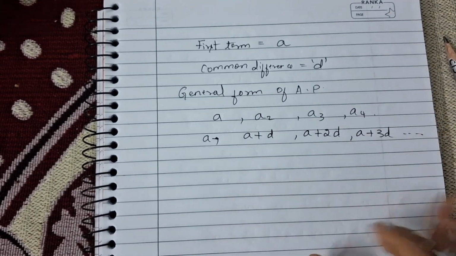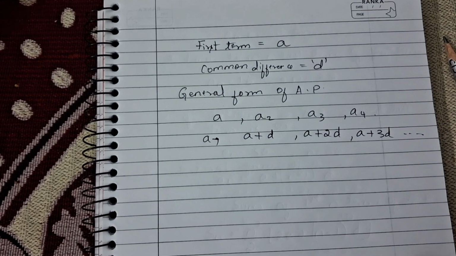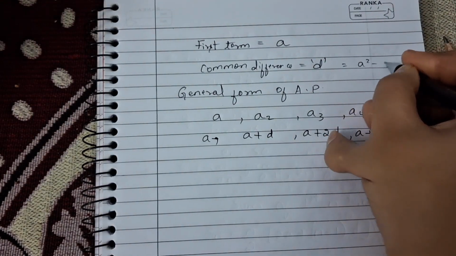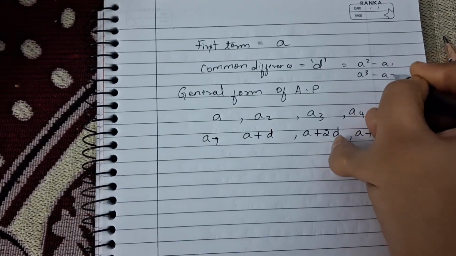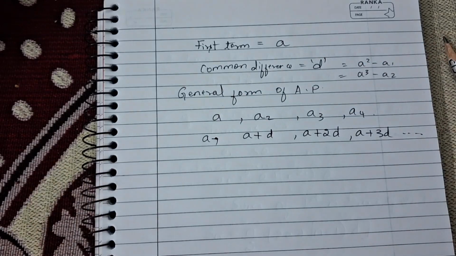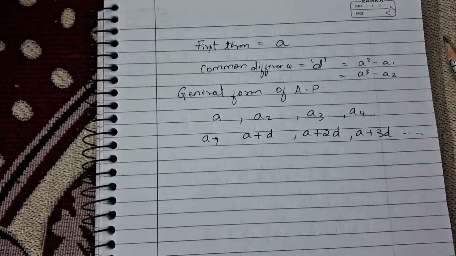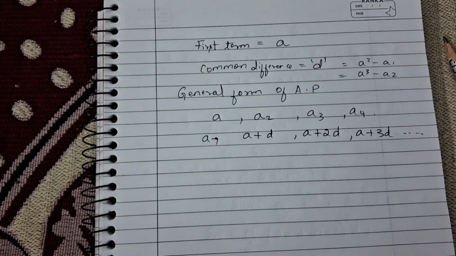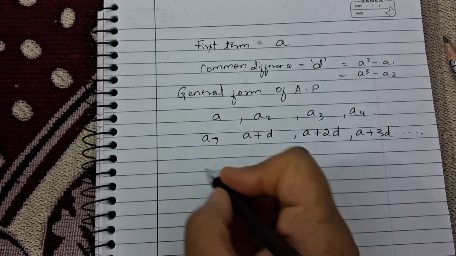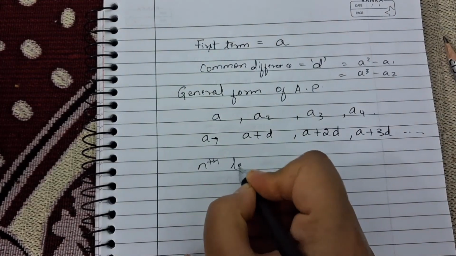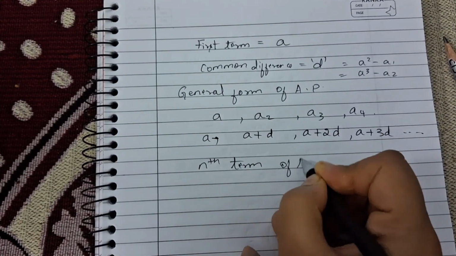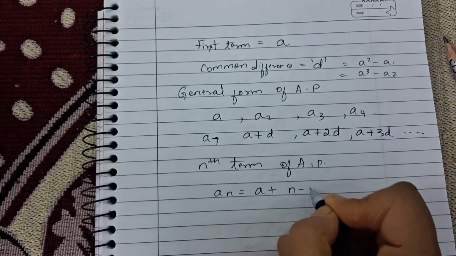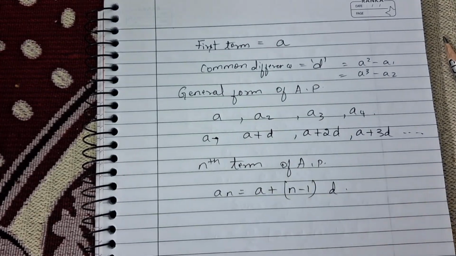This is called the general form of AP. For the common difference, what is the formula? d is equal to a2 minus a1, a3 minus a2. The difference between two terms is called the common difference. Always the first term will be a, and this is the general form. And the nth term of AP is an is equal to a plus n minus 1 of d.